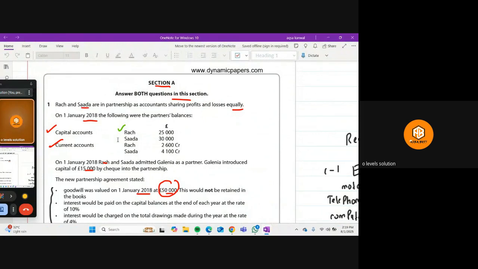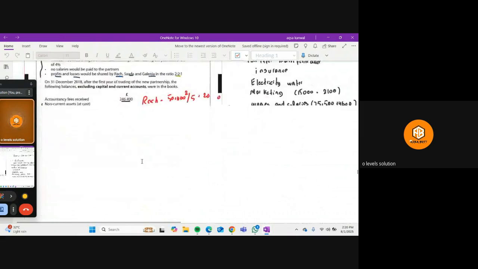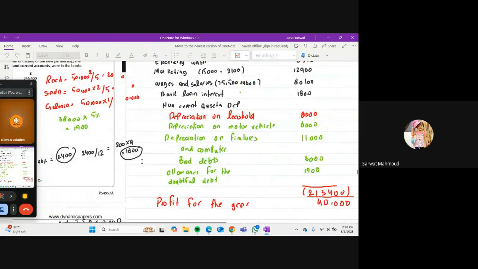I already discussed the matching concept. There is a rule that says whether you have paid or not, you need to write $12,000 in the expense, because you get the service. Let me explain this.